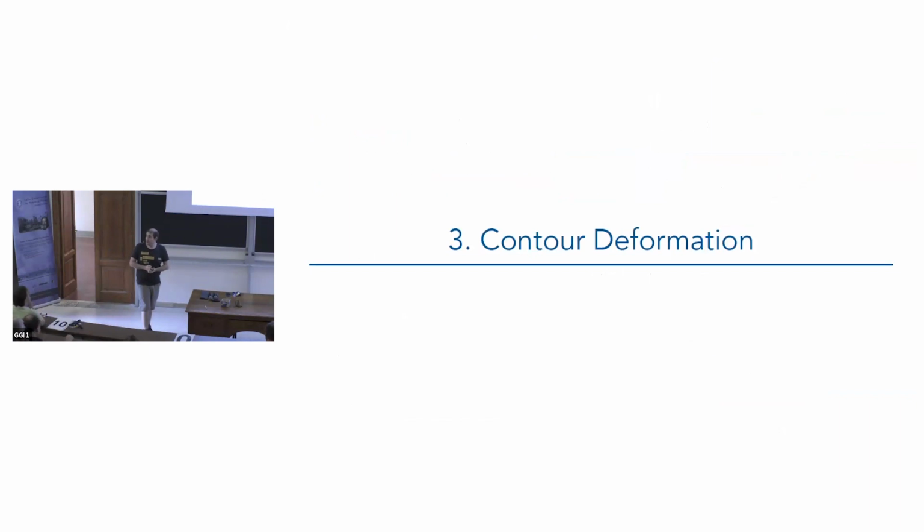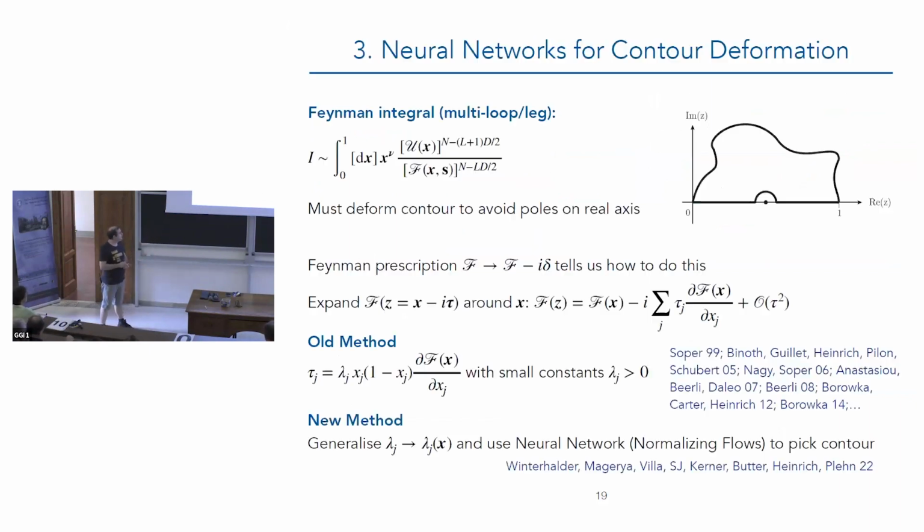Okay. We have other optimizations to do with the contour deformation, and I'll cover this very quickly in the interest of time. The contour deformation tells us that we need to avoid poles on our real axis, and the Feynman prescription tells us the sign of the F polynomial that will allow us to do this.